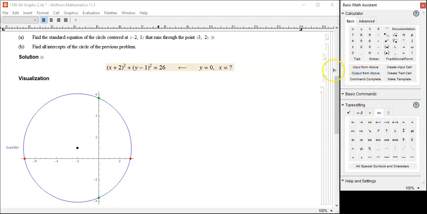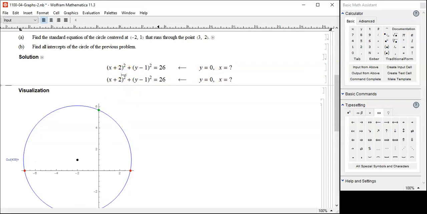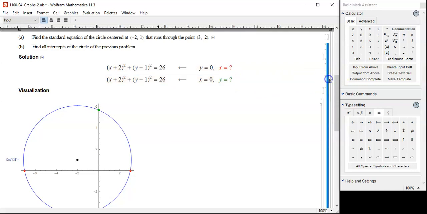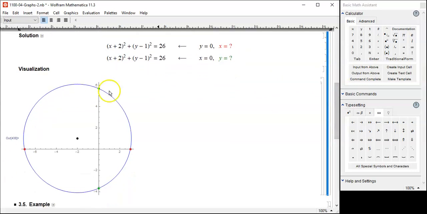And then after that's done, I'm going to plug in x equal to 0 and look for the y-intercept. Let me color code this one in red and that one in green so that you can see better the association with these 4 points there.